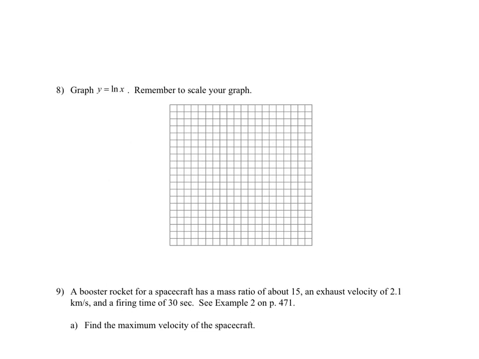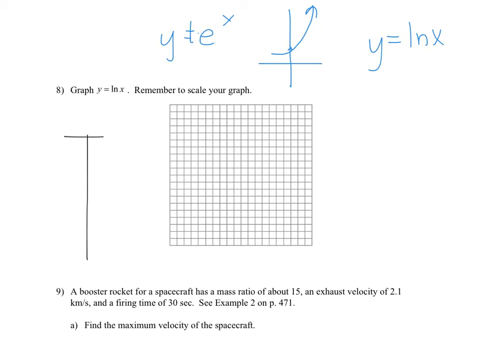So y equals e to the x is this exponential function. It looks like this. The y-intercept is 1 because it's 1 times e to the x. So y equals ln of x is the inverse of it. You could think about graphing y equals e to the x.